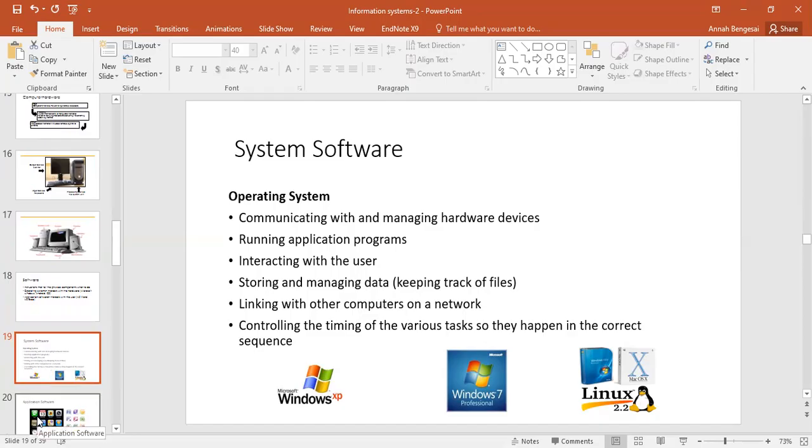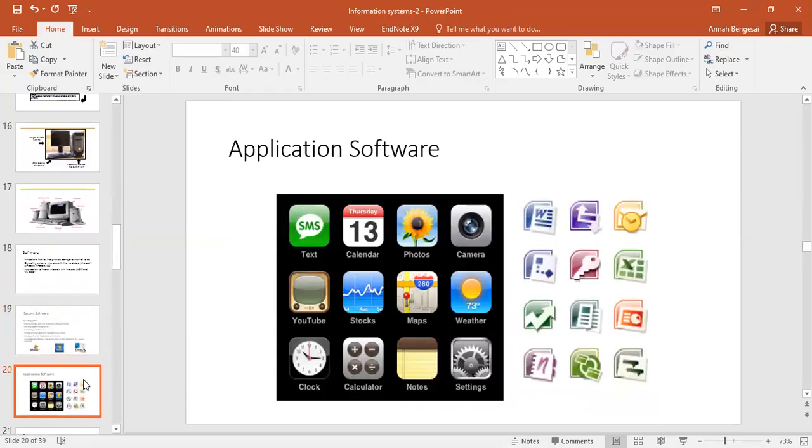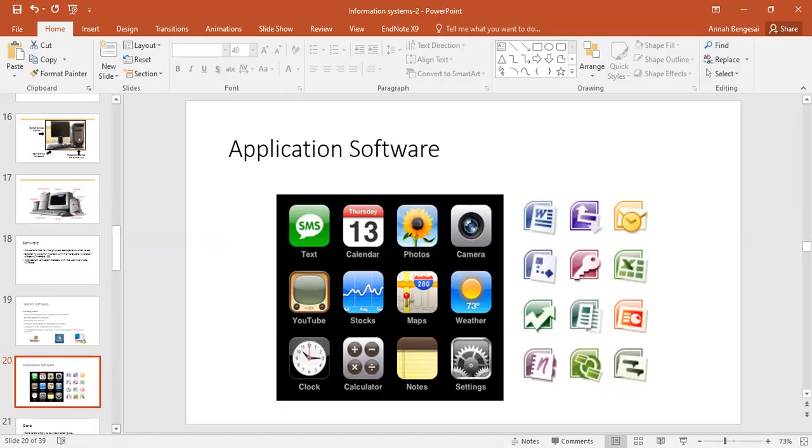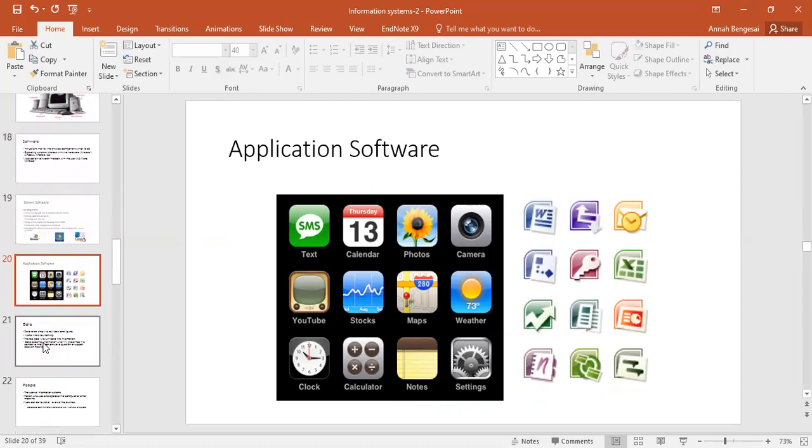You find that maybe your Apple laptop also has its own software like your iOS. Examples of application software: your Microsoft Word, Microsoft Excel, all these other apps that you have on your cell phone. They are an example of application software, the software that you as the user actually interact with.